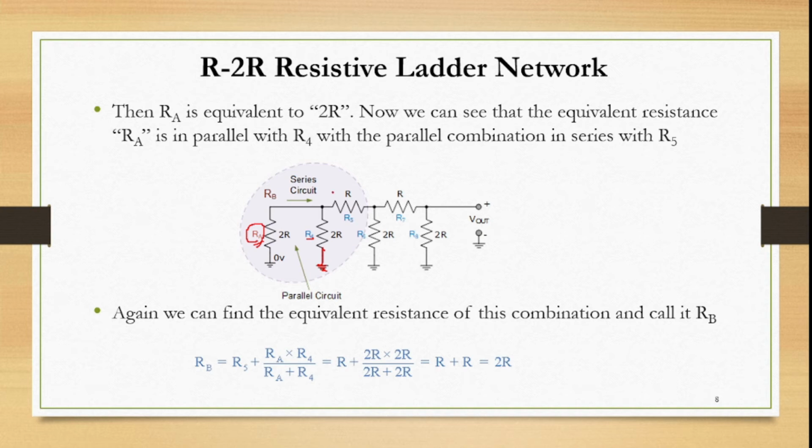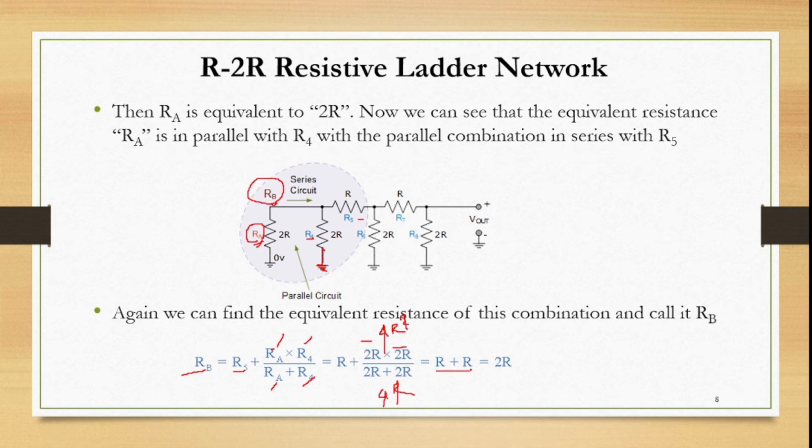So this is a parallel and series network, and we find the equivalent resistance, which we call RB. RB equals R5 in series with the parallel combination of RA and R4, that is RA times R4 divided by RA plus R4. Placing RA as 2R, 2R into 2R becomes 4R square, over 4R. Again the 4 cancels, and R square cancels with the R.